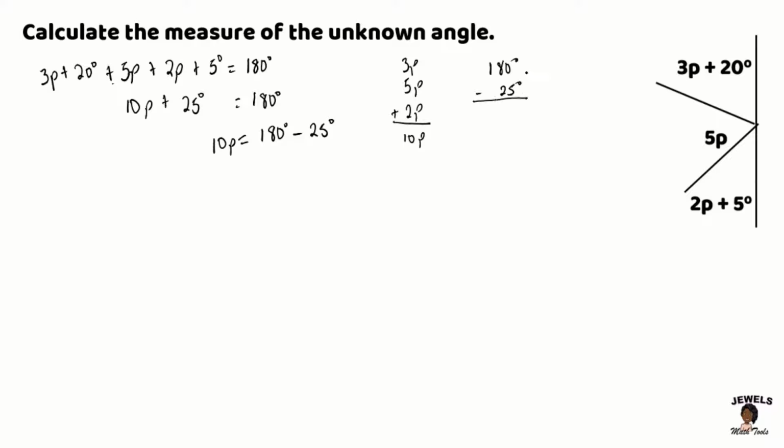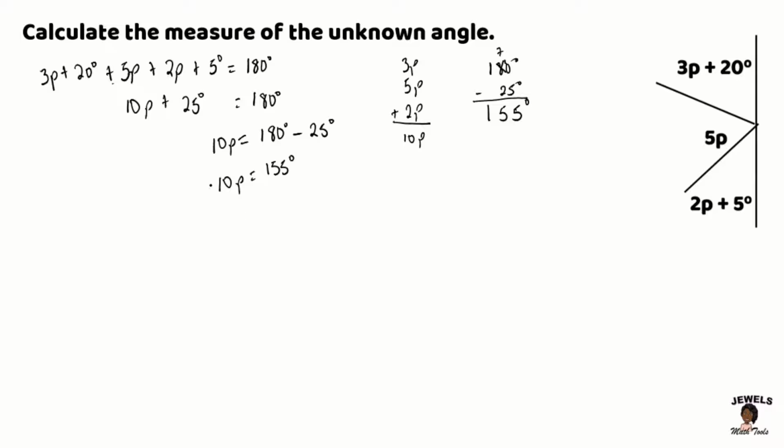Just in case I have any persons who may still need to see their little rough work, you know, I forgot to do it in the first part of our question, but I'm going to make sure that I continue adding it in this part, which leaves us with 155 degrees. So we have 10p equal to 155 degrees.